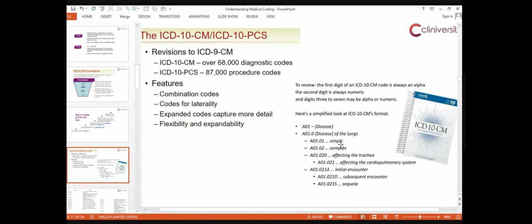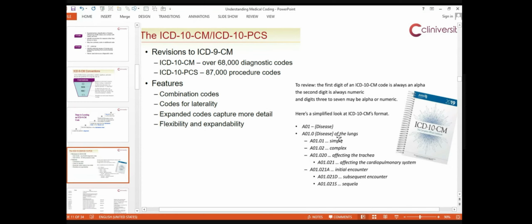So suppose a certain disorder is there related to the lung, which could be acute or chronic, right? Or sometimes certain medical conditions are leading to other complications. If that kind of detail is there in your report, you need to identify that from the report, and accordingly you will assign the code.